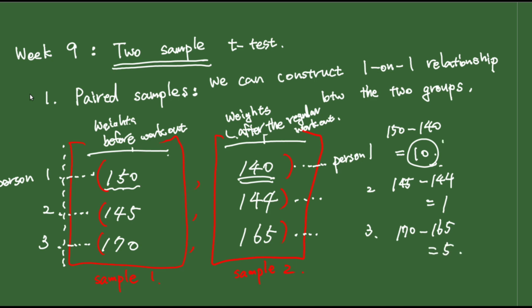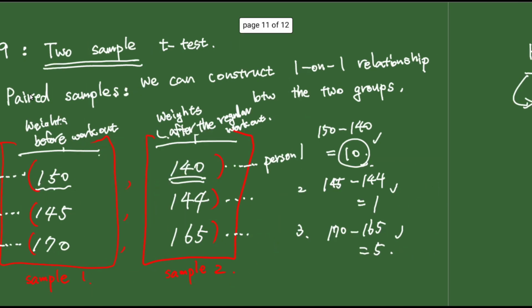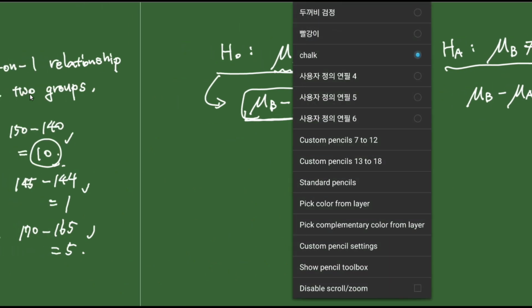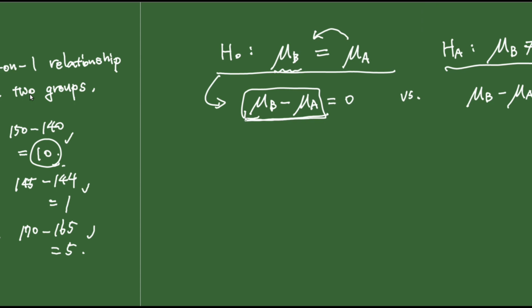So we have 10, 1, 5. Those are direct observations of this parameter, right? So let's say D1 is 10, D2 is 1, and D3 is 5.